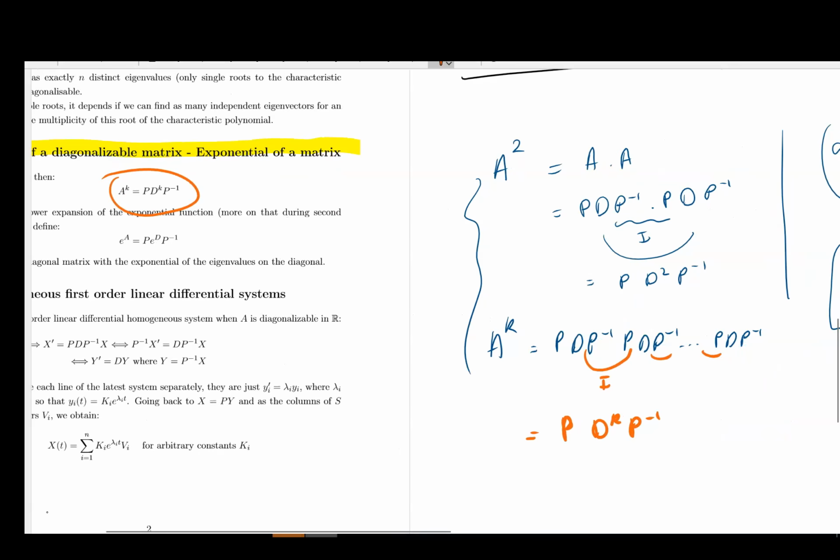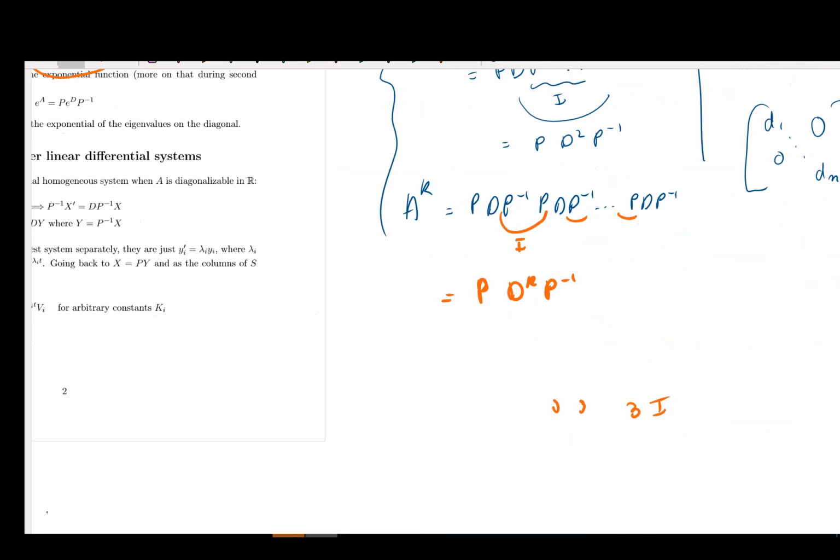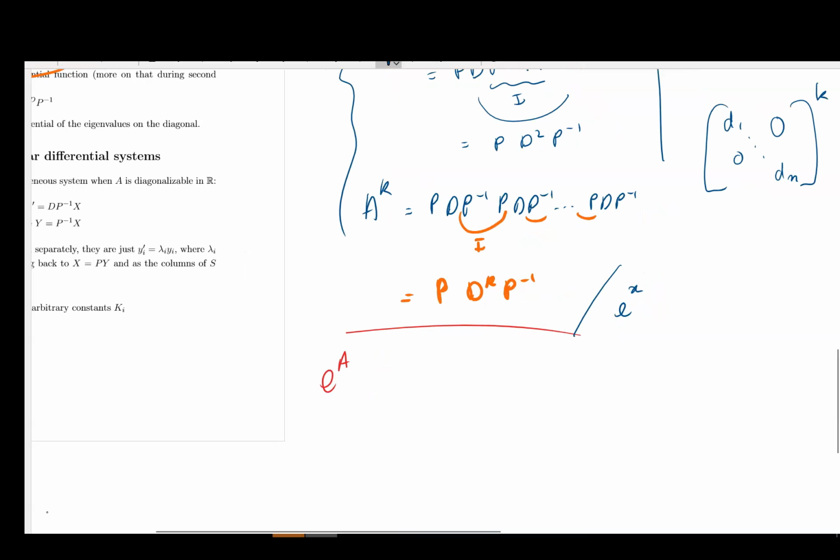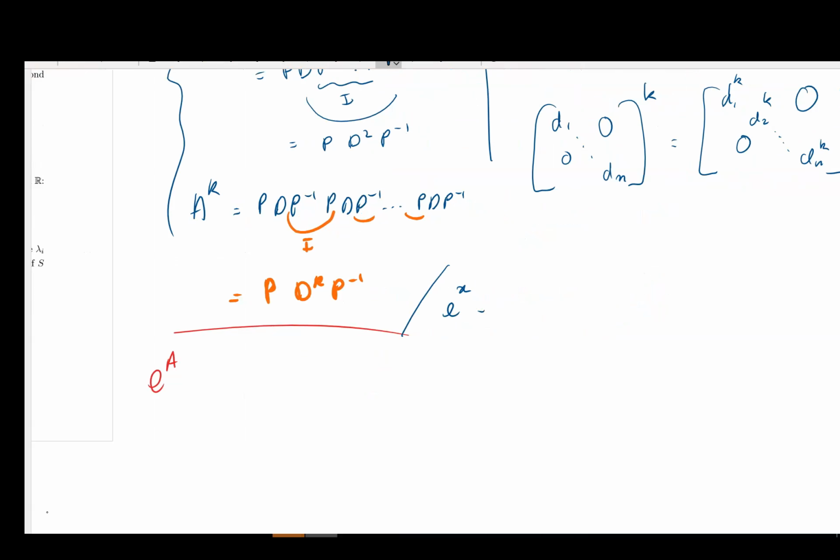And we can also compute the exponential of a matrix. Let's see. So the exponential e to the A, also assuming A is diagonalizable. For this, you learned last year that you could do the Taylor expansion of the exponential of x function.